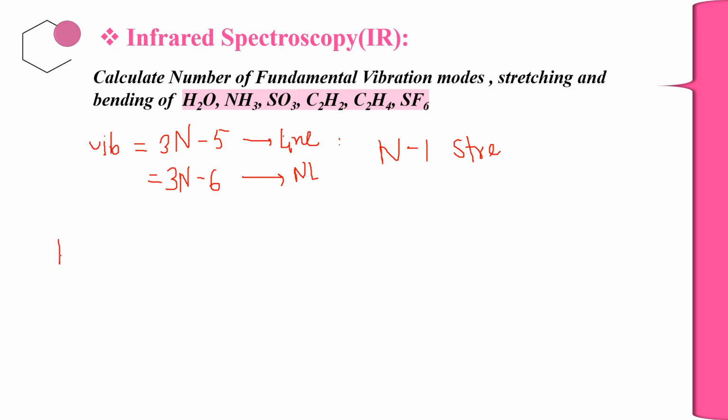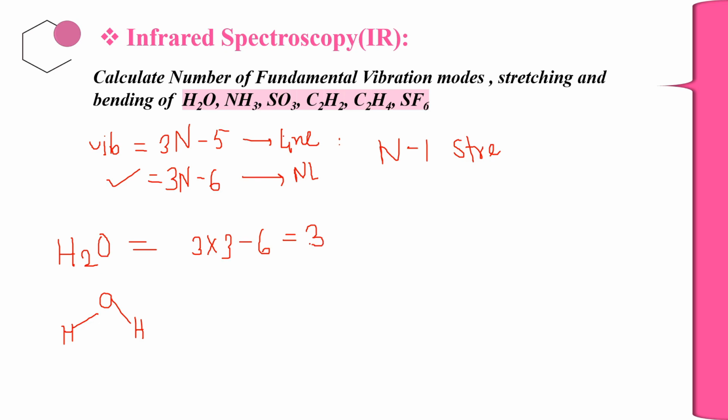First, it is H2O. As we know, H2O is a non-linear structure, so the formula will be 3n minus 6, and the number of atoms present in H2O is 3, that means n is 3. So the number of vibrational modes is 3 into 3 minus 6, that means 3.